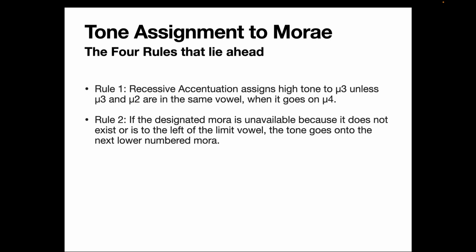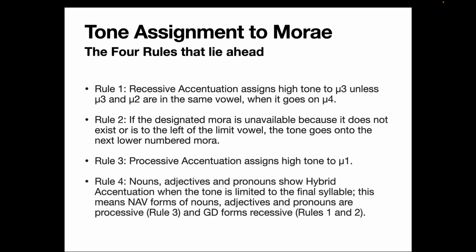The second rule, which we'll go to in a couple of videos from now, is going to talk about how that pulling away from the end and trying to get on mora 3 or mora 4 can be limited, how it may not be possible to do that. And then 3, you already actually know 3. It's the definition of processive accentuation. We're going to assign the high tone to the last mora. And then rule 4 is going to tell us about that hybrid accentuation that's going to work on nouns, adjectives, and pronouns when the tone is limited to the final syllable.